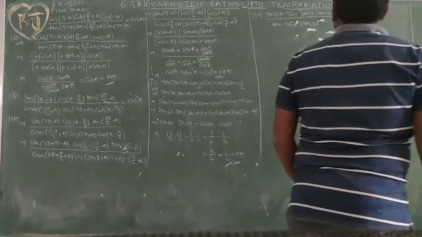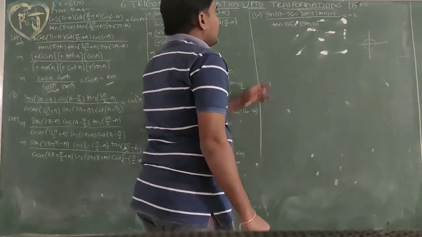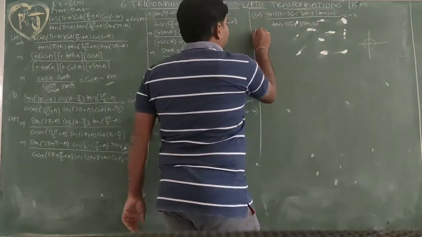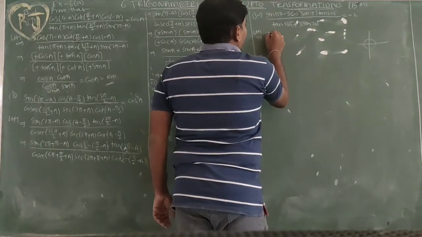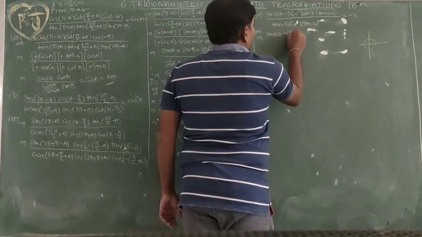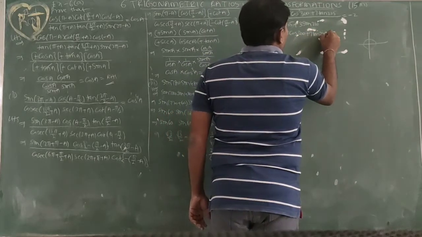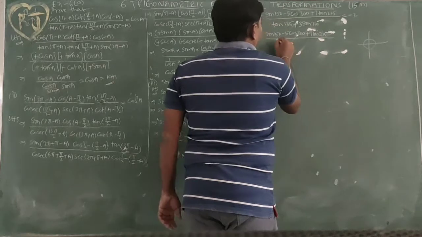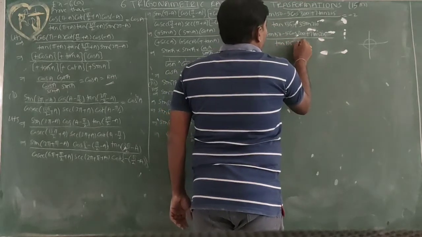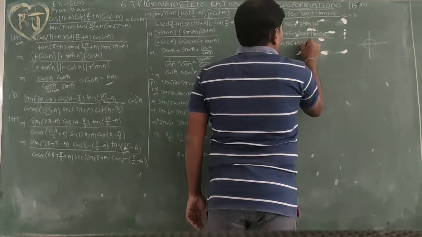Okay, so if we observe, I want to convert the LHS first: sin 150 minus 5 cos 300 plus 7 tan 225 by tan 135 plus 3 sin 210.